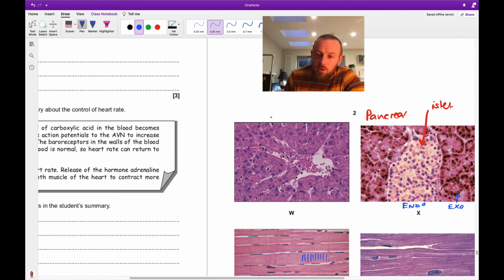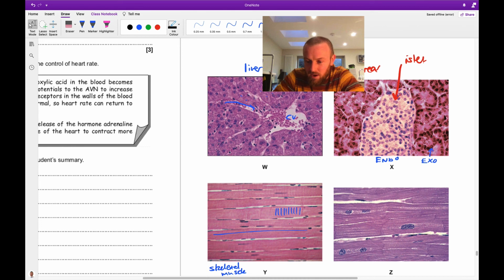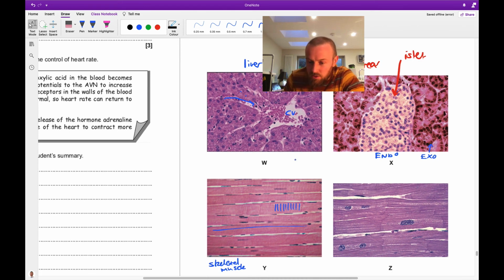And based around what tissues you need to be able to identify, I'd have to say this is probably the liver. I think this is the central vein, and this is like a sinusoid here, and this is the hepatocytes around. That's the only thing I can think of. Z looks to be a type of muscle, but I think this is cardiac muscle. We can just about see the intercalated discs there. So I think that's cardiac muscle.